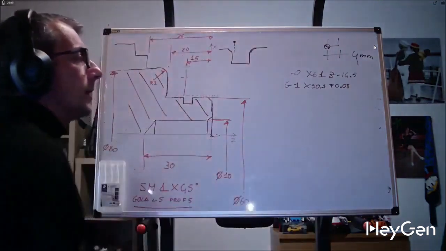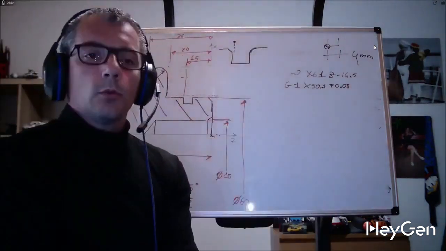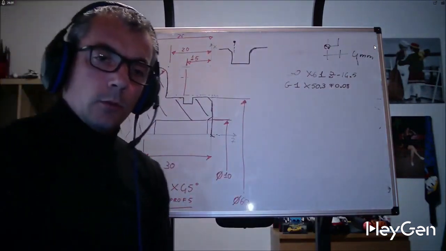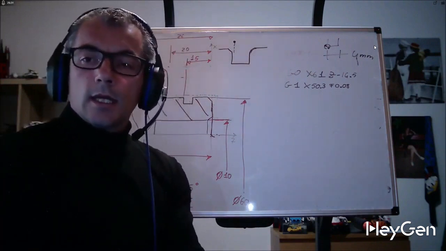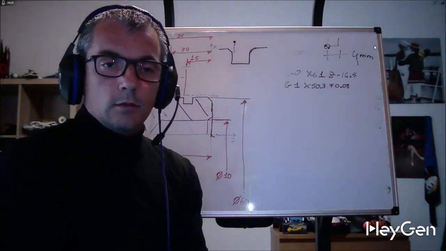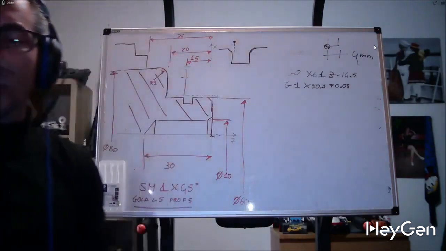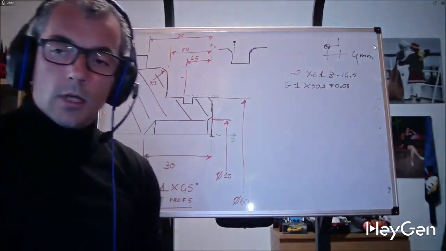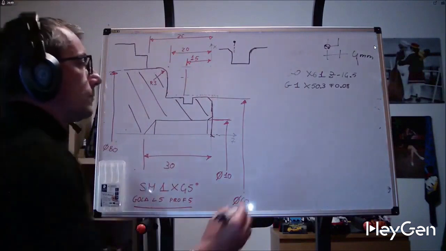Or we can do the same thing we saw for the tip: we go to X57, we detach by a tenth, X58, we detach by a tenth, and so on until we reach 50.3. This is to facilitate chip breakage, which is notoriously a breakage of balls in grooves.